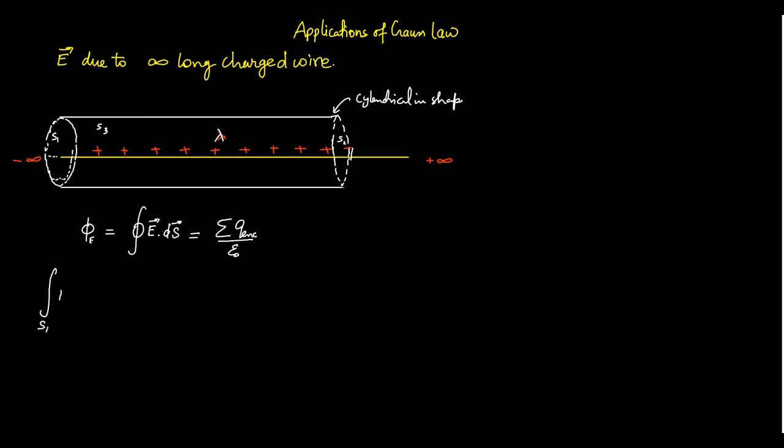For S1 we will write E dot ds, then S2 E dot ds, and for S3 again E dot ds. Let's say the total charge enclosed is Q. So this is Q by epsilon naught. This is equation number 1.